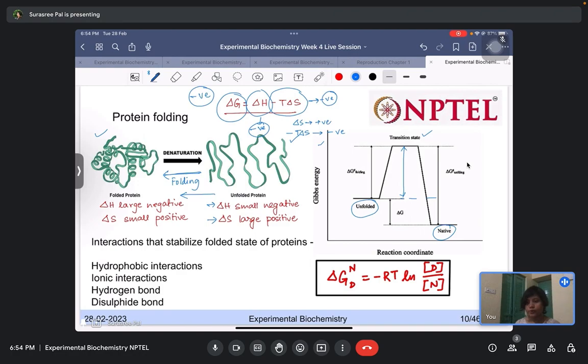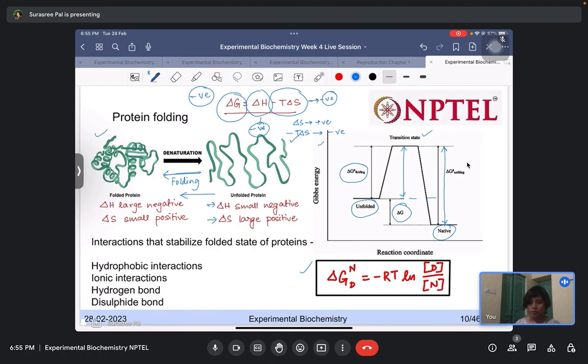This is called the delta G of folding. And this value is called the delta G of unfolding, when the protein goes from the transition state back to the native state. And this is the net delta G, which you can see is negative. Therefore protein folding is thermodynamically feasible.